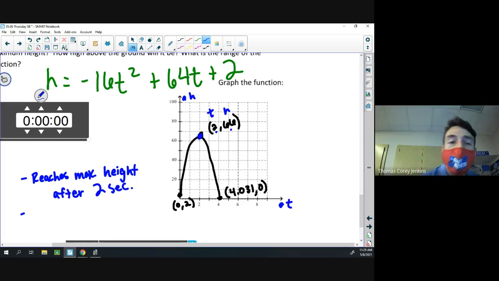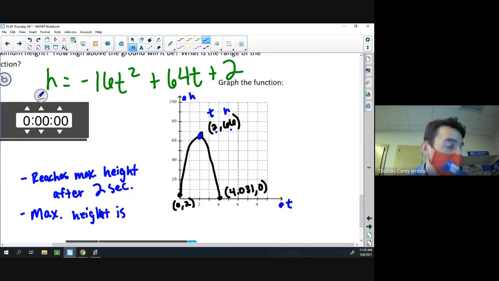All right, and then the next question is, what is its max height? Blake, back to you. What is the max height? How many feet? Roofing, help them out.